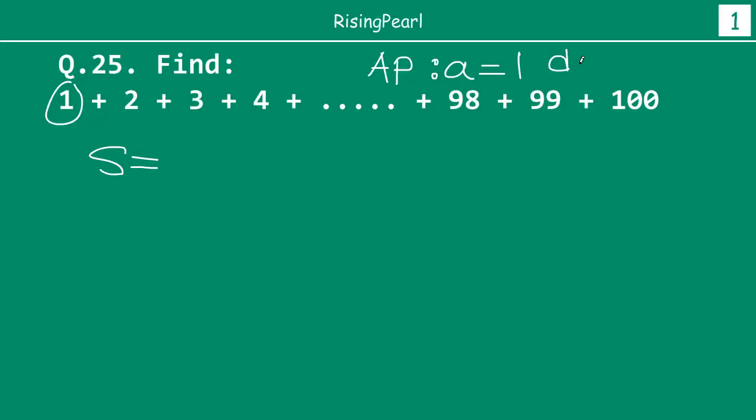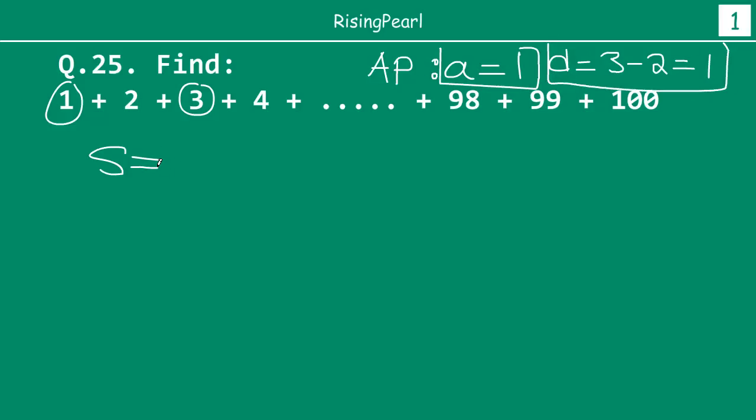The common difference is what you get when you take any term and subtract the previous term from it. So 3 minus 2 is equal to 1. The first term we know, which is a, and we know the common difference is 1.